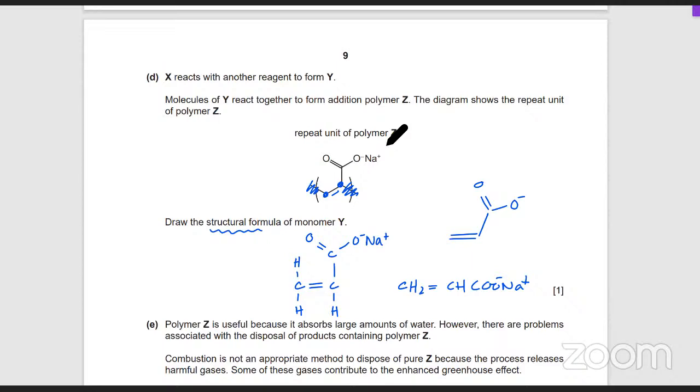What would be needed for absorbing water? You would need to form hydrogen bonds. Okay, which it is capable of. The O minus 1 is going to get attracted to the water.